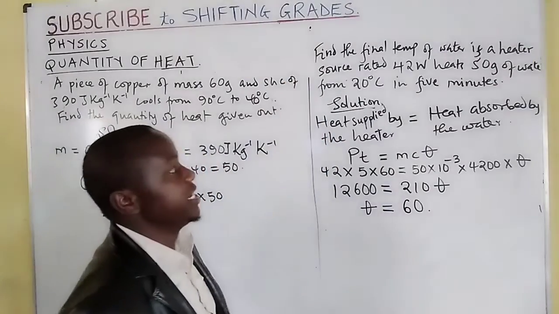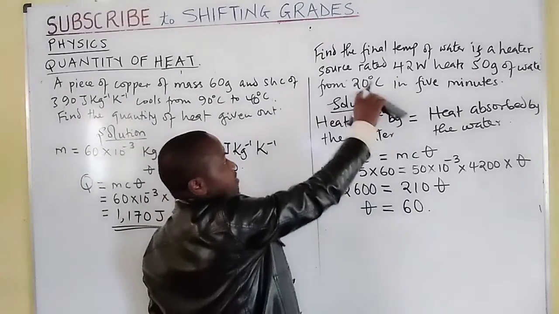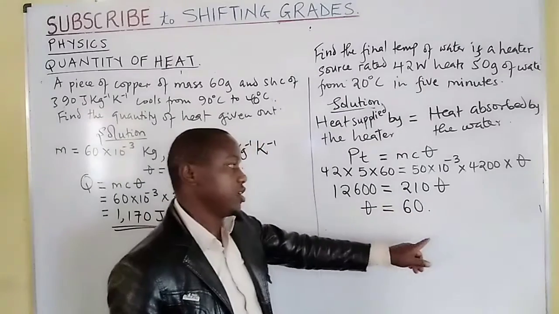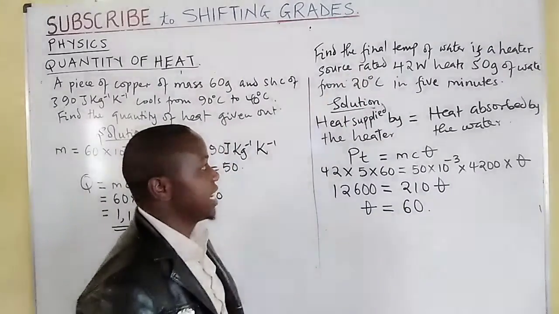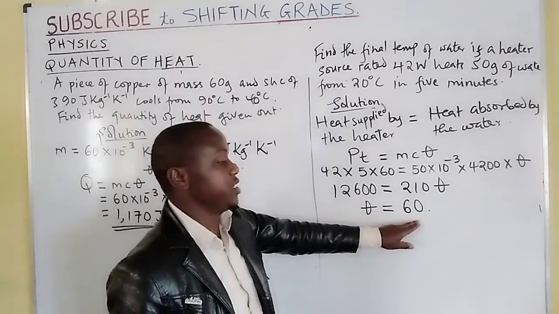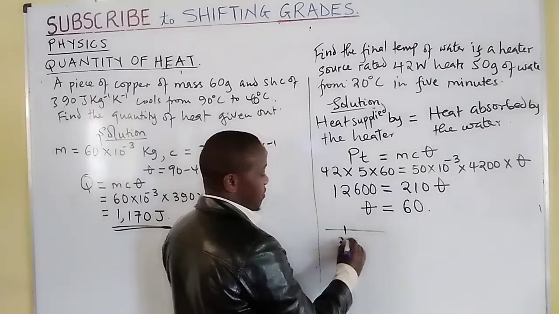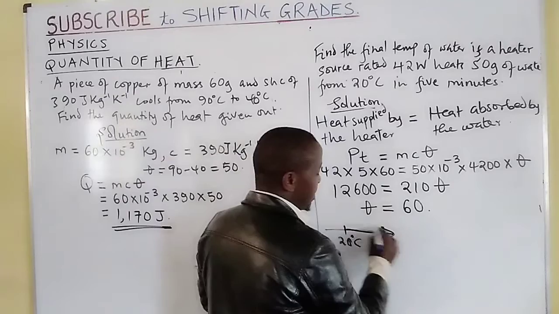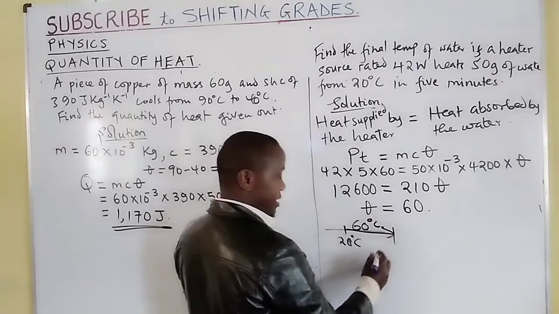So if the initial temperature is 20, it is being heated from 20, and what we have obtained is the change in temperature, not the final temperature. Therefore, the final temperature will be calculated by taking the 20, which is initial, plus the range by which temperature has varied. So if this is a scale, water was being heated from 20 degrees Celsius, it has risen by 60 degrees Celsius, meaning that it has landed at 80.